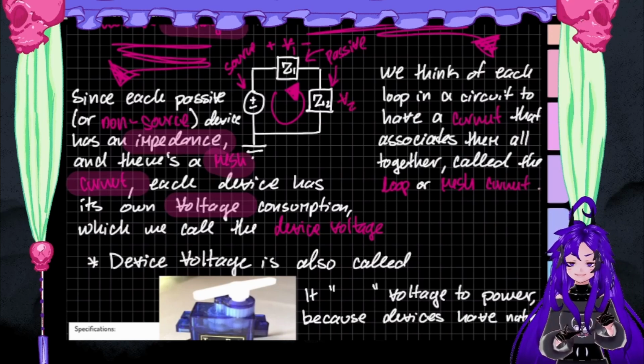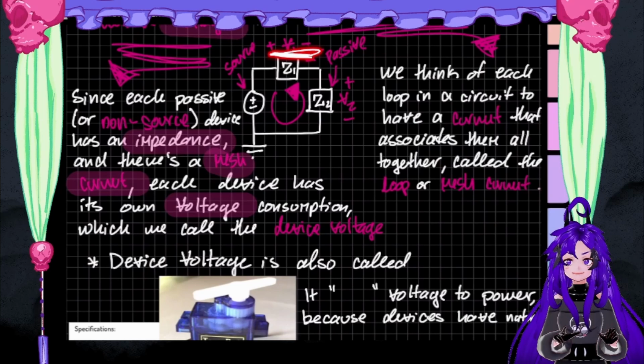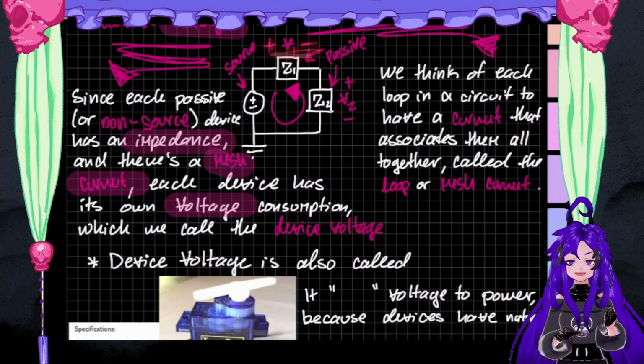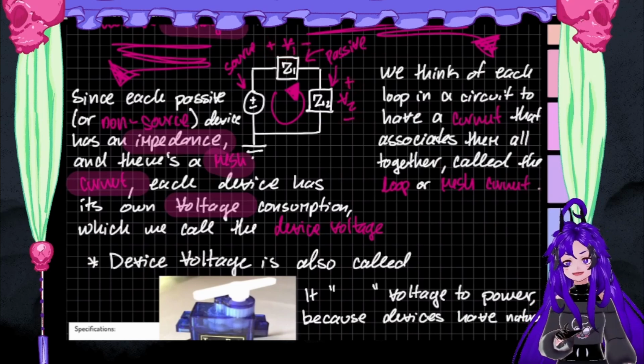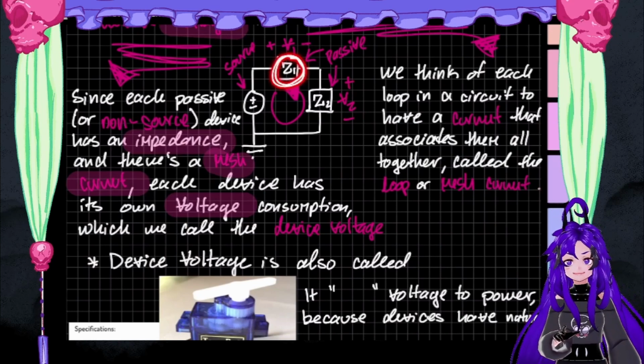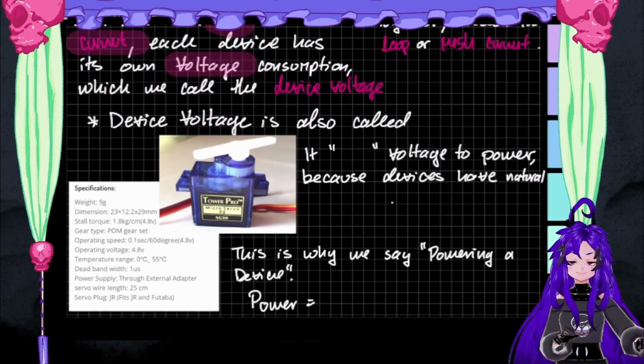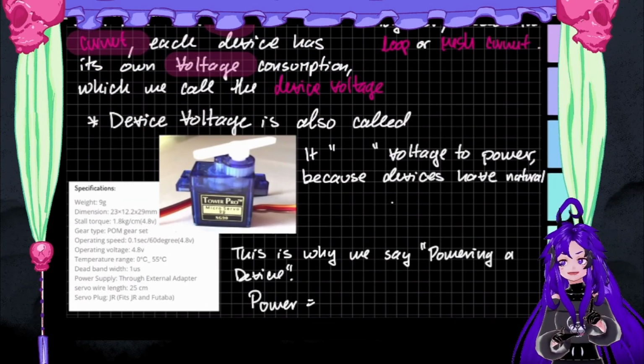And also V2 is positive up to negative down. So this is why we've been drawing these plus and minus signs on our devices, because it reminds us that there is a voltage across them. So device voltage is also called the voltage drop.